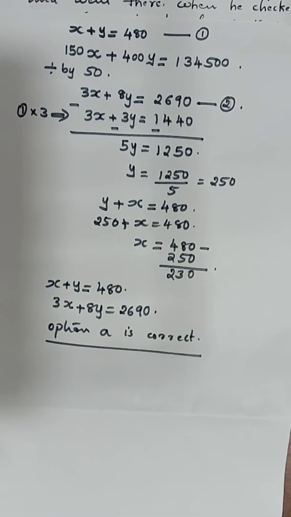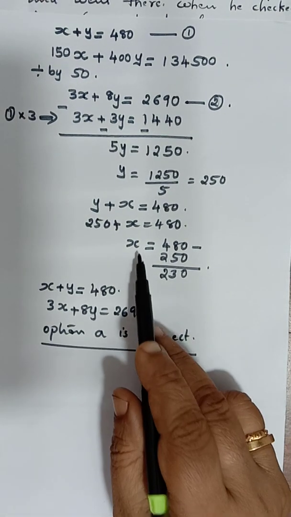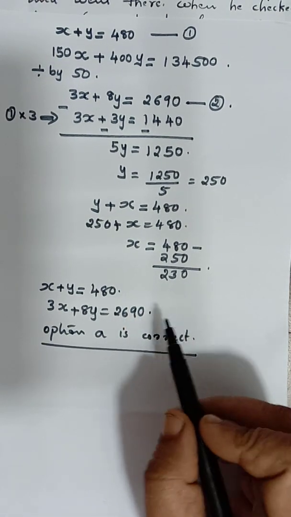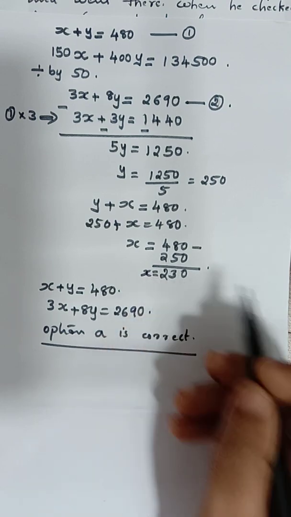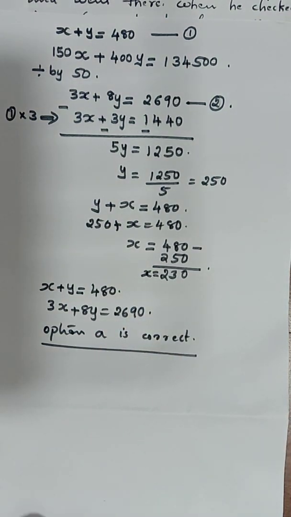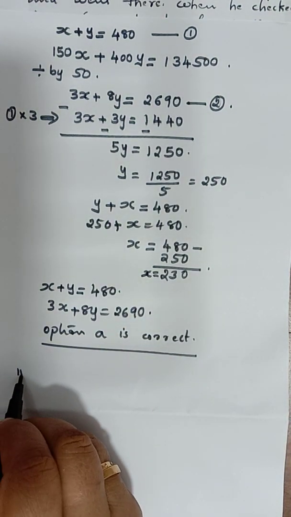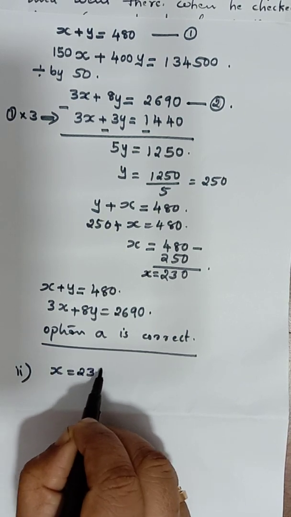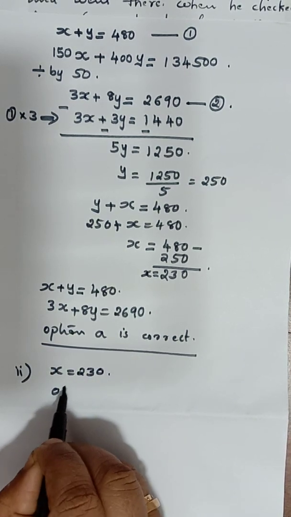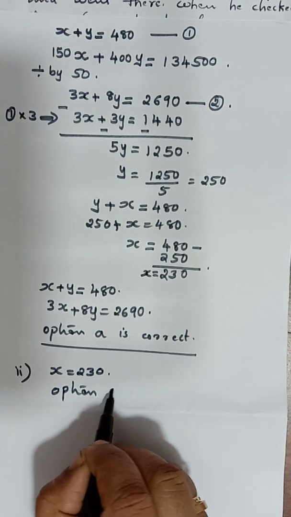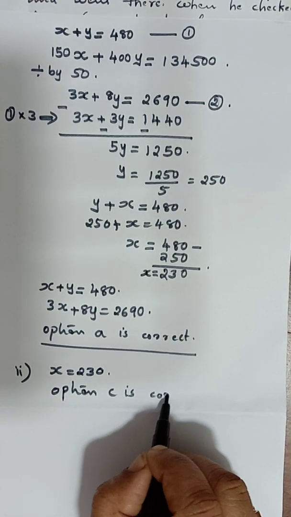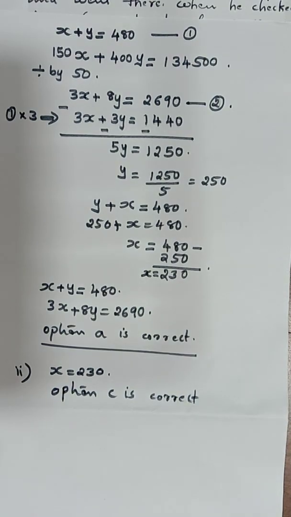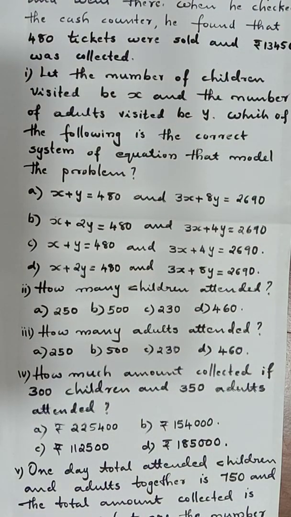You can see that x is equal to 230. That is the number of children. So for the second one, the number of children x is equal to 230. You can see that option C is correct. Now let us move to the third question.